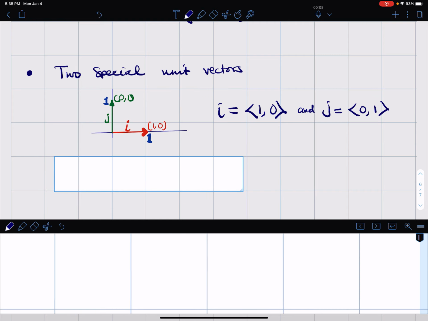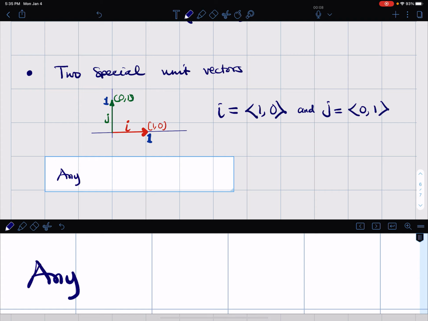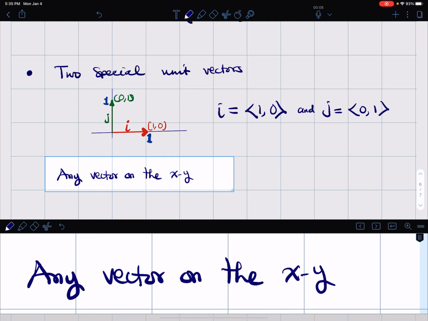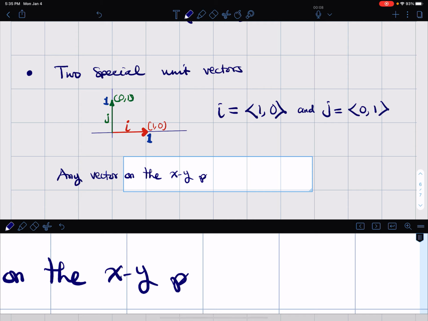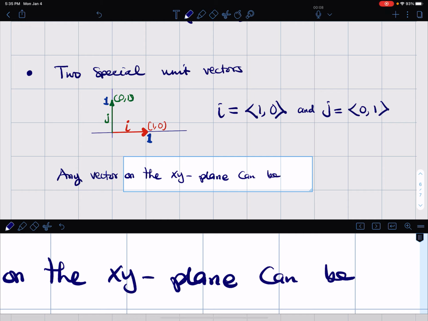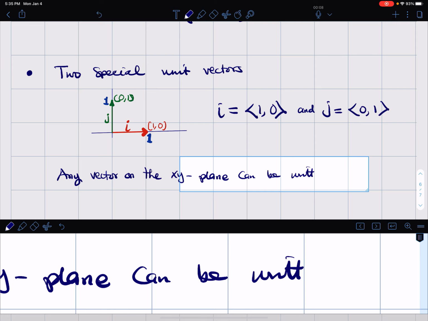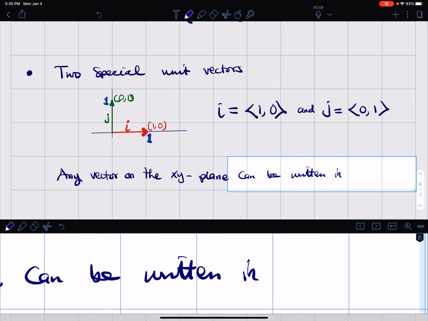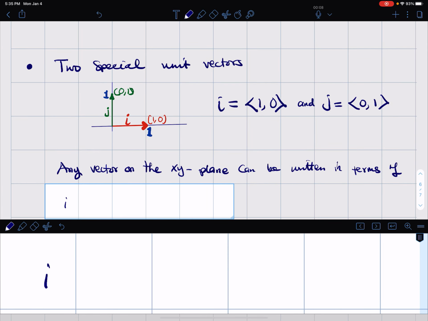So it turns out that any vector on the xy plane can be written in terms of i and j, and it's quite easy.